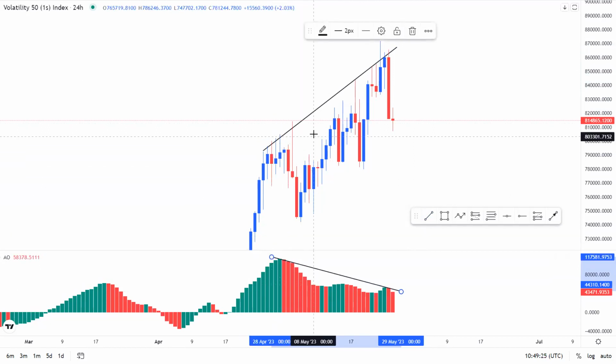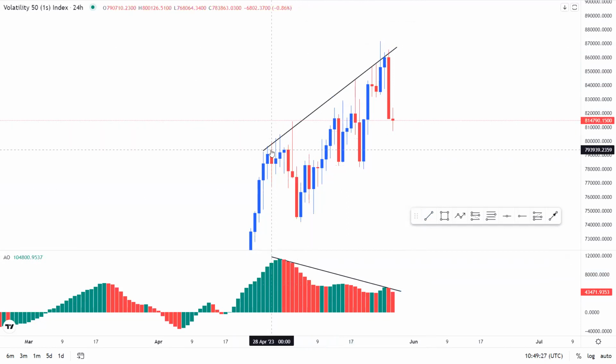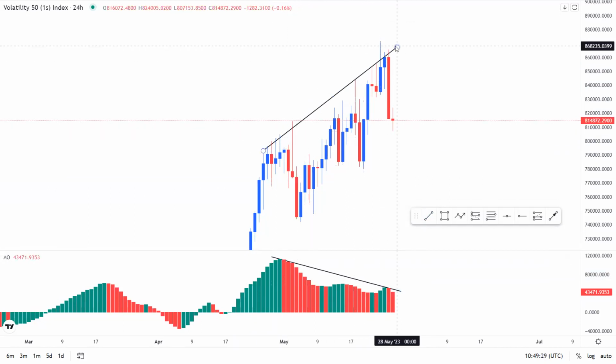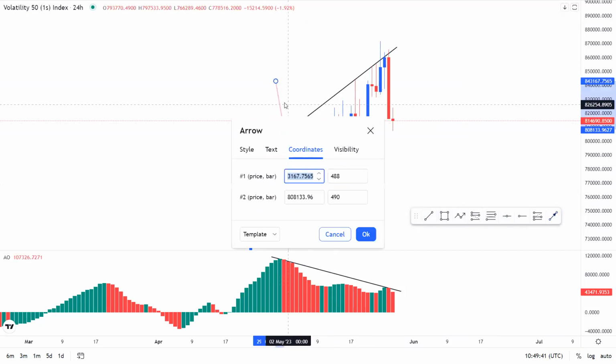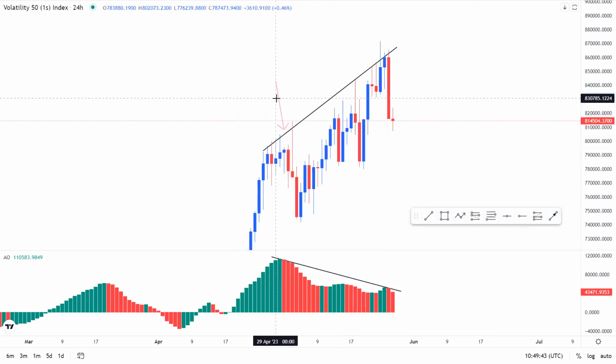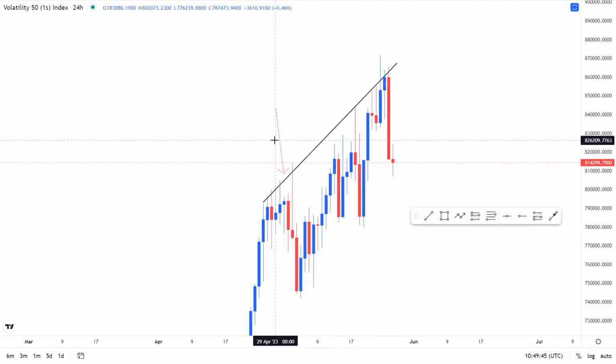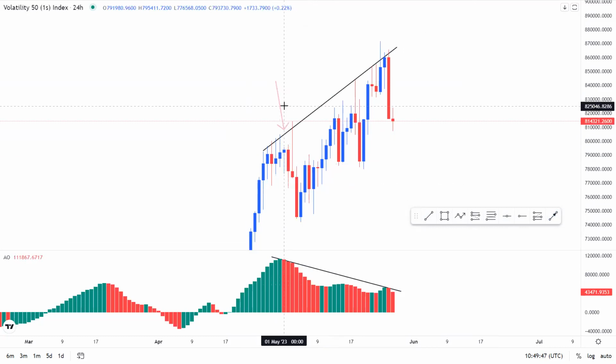So while we had the candlestick presenting us higher highs, just at these levels, that's at the level here.